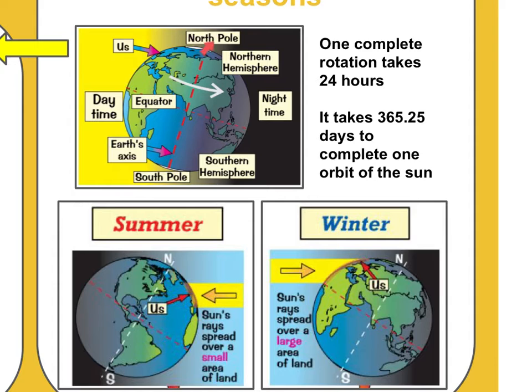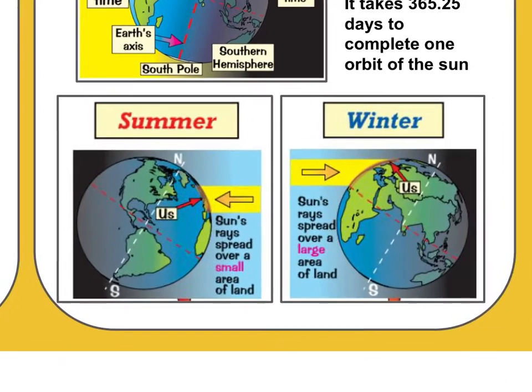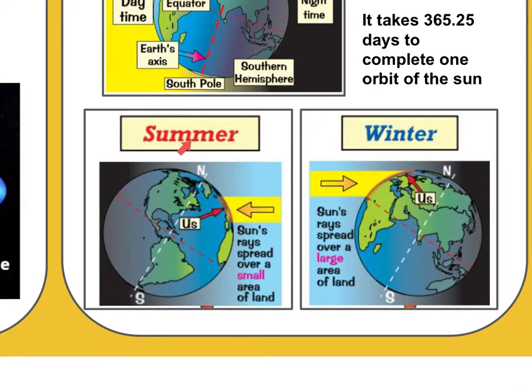Now we can see that we got a North Pole and a South Pole. And this is going to help us understand summer and winter. So in the summer, the North Pole is aimed at the sun.